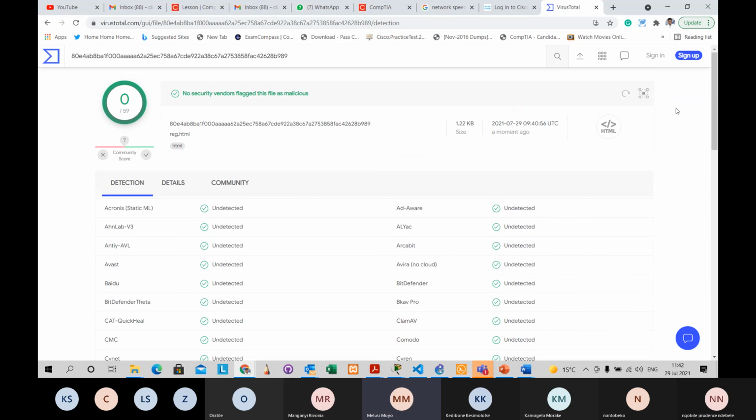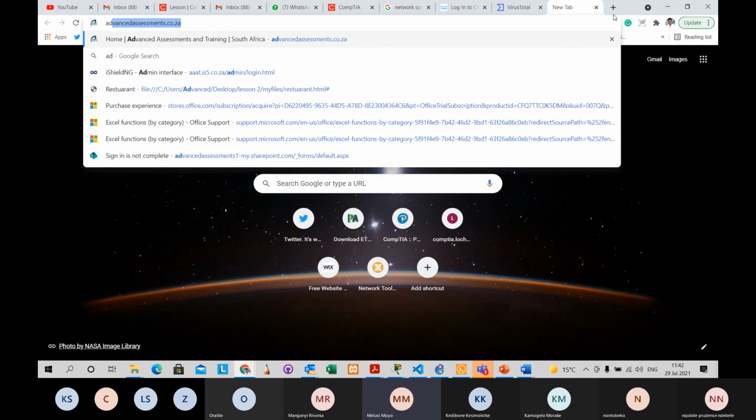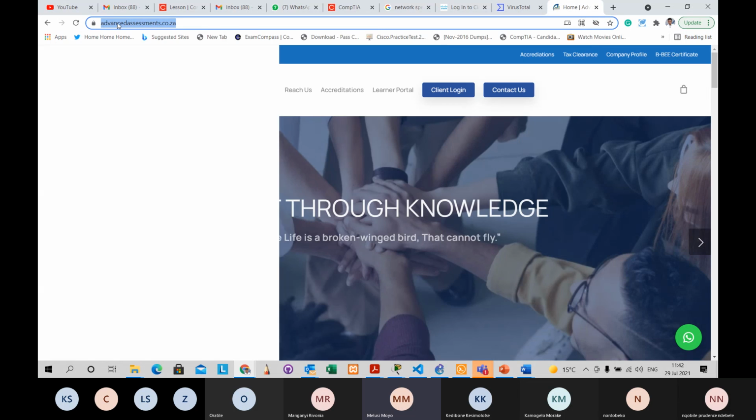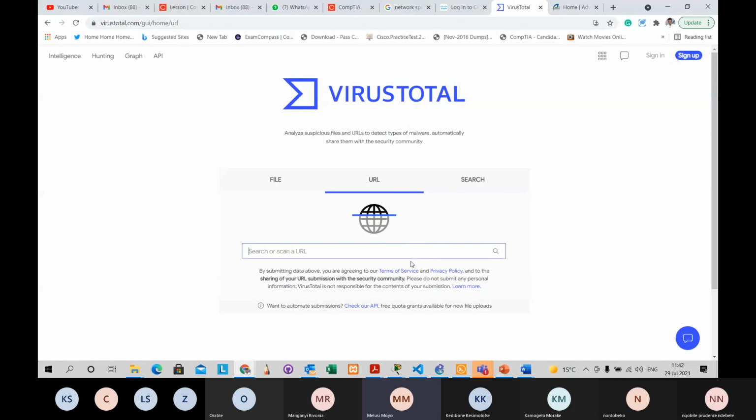And also, let me go back, because I'm done. If I want to test a site, if I'm not sure whether a site is safe or not, let me copy the advanced assessment site. If it's a site that you want to visit but you're not sure if it's safe, you can copy it before you even go to it, or you can type the URL there.